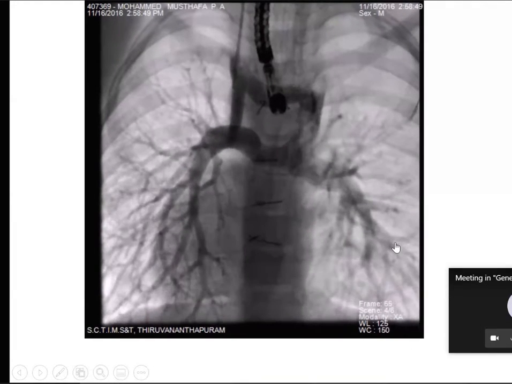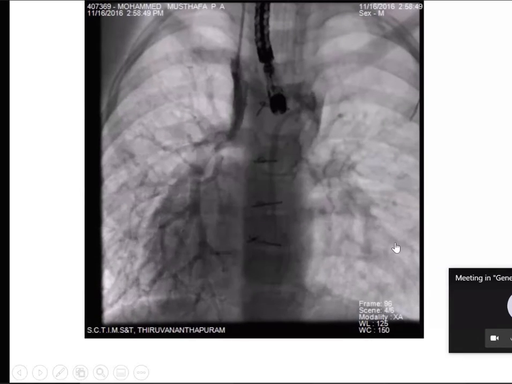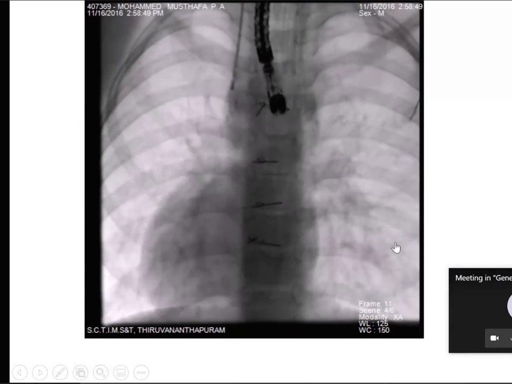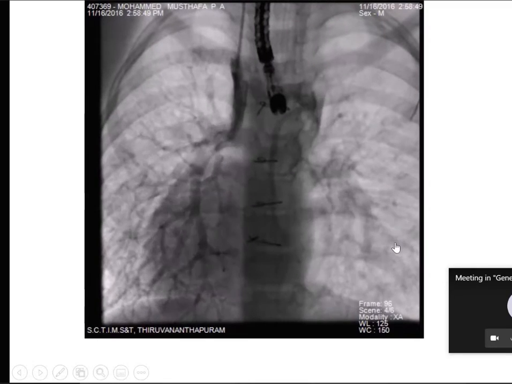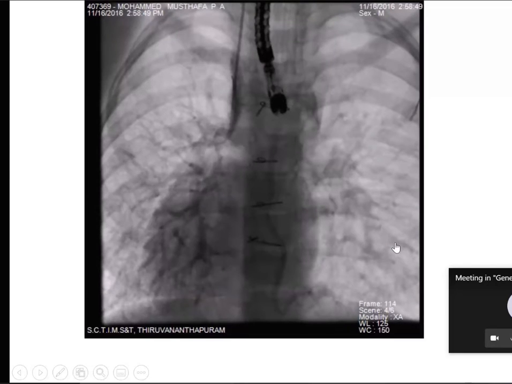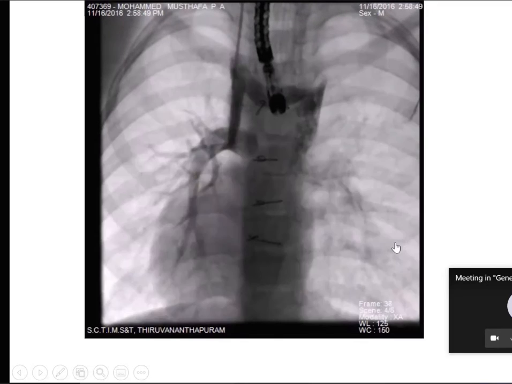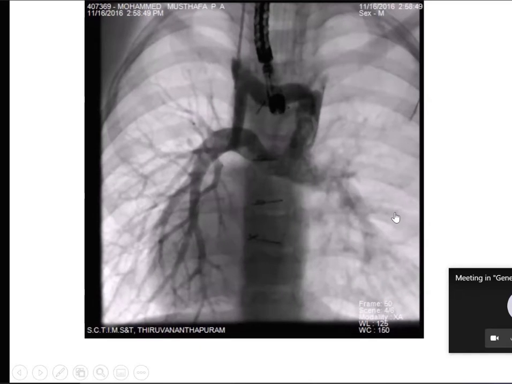What is this one? It's a post-operative patient. Where is the catheter coming from? From the internal jugular vein into the SVC. Okay, so post Glenn shunting.